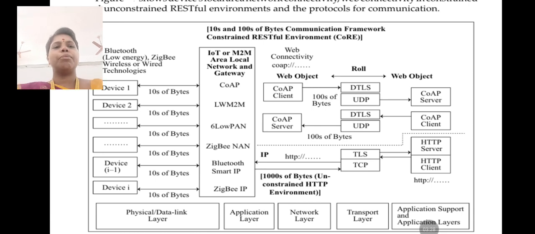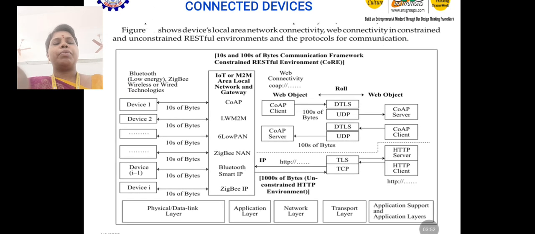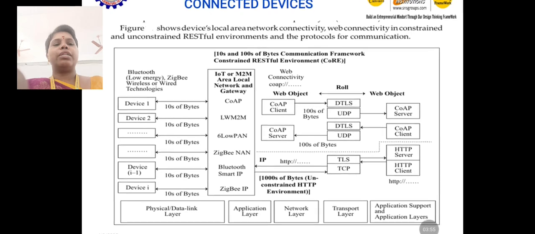Zigbee is a wireless communication protocol, along with Bluetooth Smart IP as well as Zigbee IP. Coming to the network layer, we have the CoAP client and CoAP server, as well as the transport layer, UDP, user datagram protocol, and then the application support and application layers. Here we have the web object. So this is how the total process of web communication protocol transmission takes place.